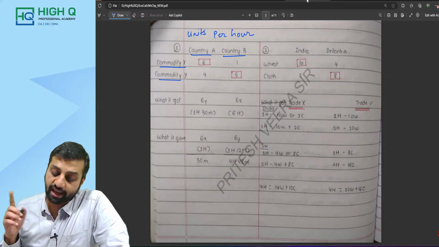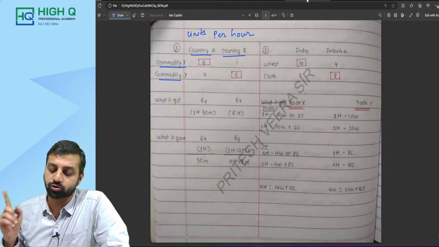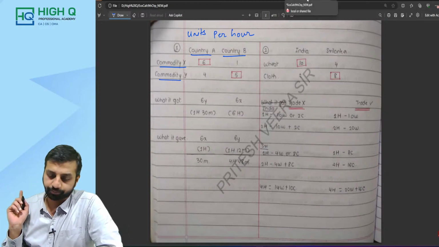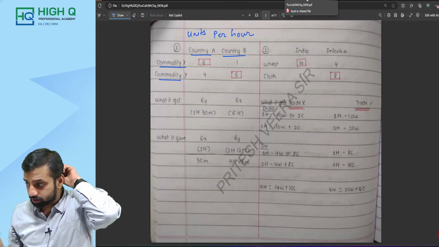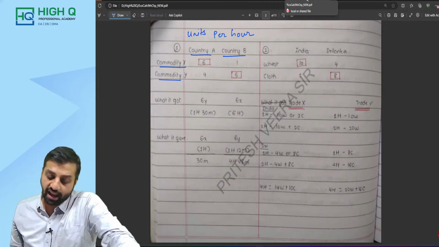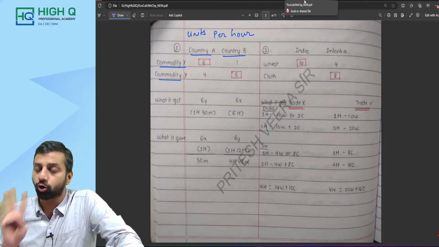So country A can produce 6 units of X in 1 hour. Country B can produce 1 unit of X in 1 hour. Country B can produce 5 units of Y in 1 hour, whereas country A can produce 4 units in 1 hour.